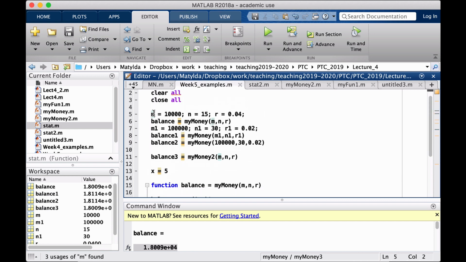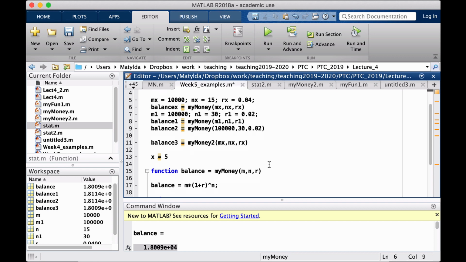Now, to show you exactly what that means, I'll call this mx, nx, and rx. I just want to make sure that I don't have, in my script, any variables named the same way as what I have in the functions.